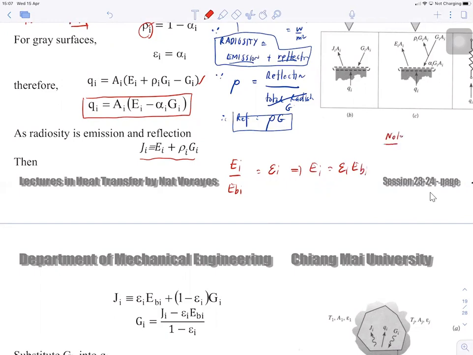Take a note that EBI is going to be equal to sigma TI to the 4. And then rho I is going to be equal to 1 minus alpha I. And because of the gray surface, alpha I is going to be equal to epsilon I. Epsilon equal to alpha for gray and diffuse.